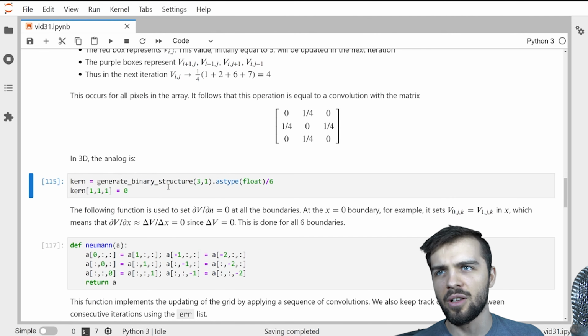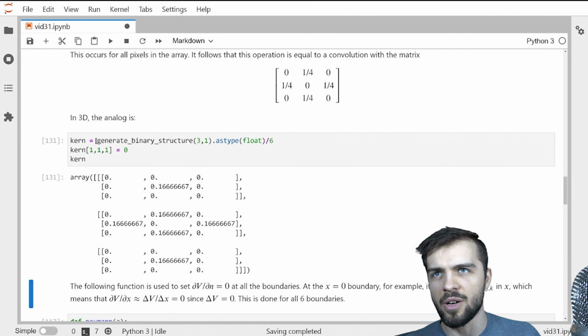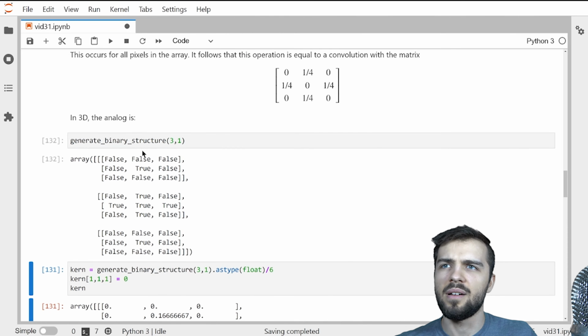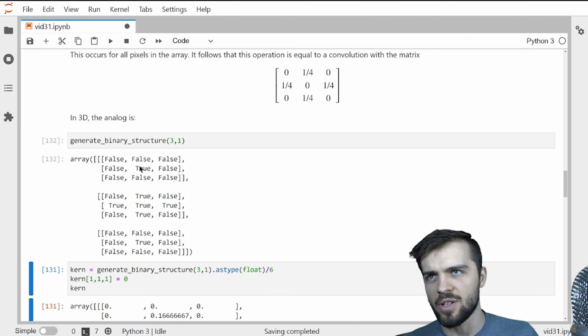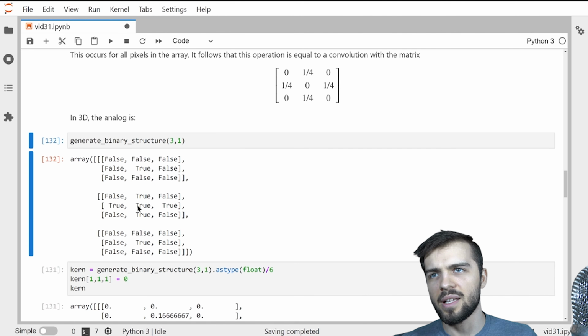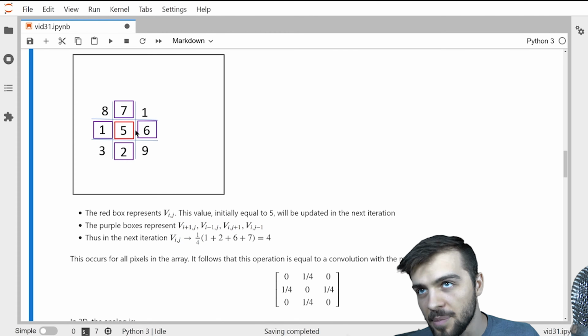In 3D, the analog is this matrix here, which I use as the kernel, and I use generate binary structure. This basically generates trues and falses, with a 1 on top, and then all of them in the middle, like this. True on the main rows, but false on the off diagonals, and true in the middle. What I need is this center one false, because in this matrix you'll note that I'm not actually using 5 when I update 5.